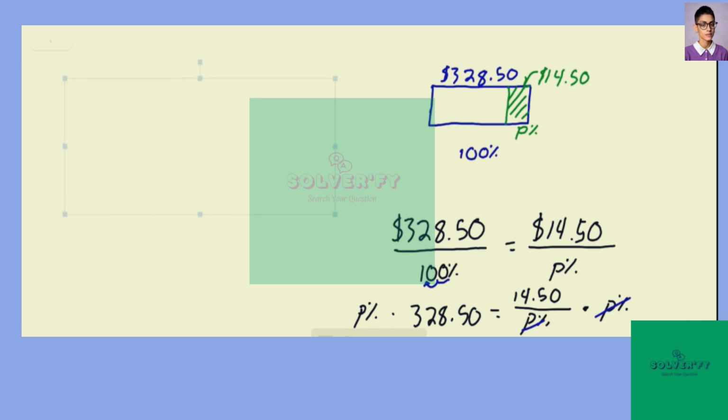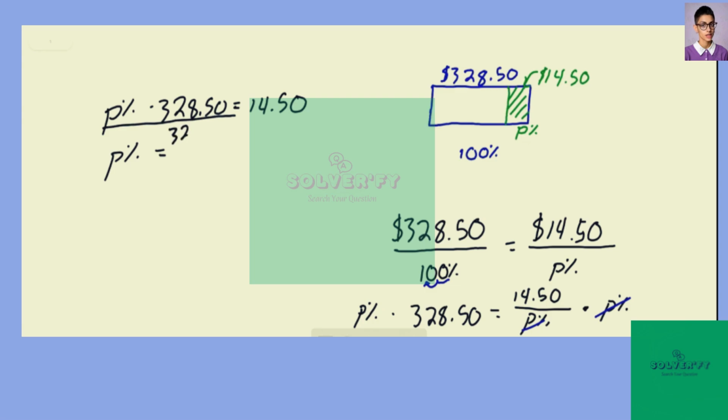So now, let's see, where did we leave off? We left off with p% times 328.50 is equal to 14.50. Well, now I just want to solve for my p%. So to cancel this multiplication, I will divide both sides by this 328.50. Those are going to cancel away because multiplication and division cancel.